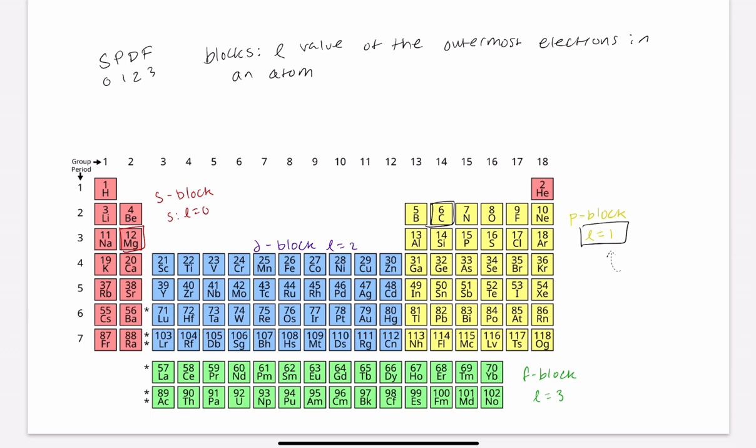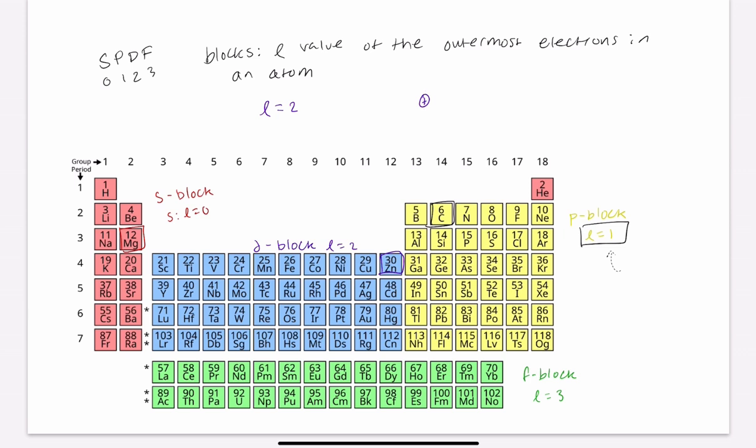All right, let's check out an example in the D block. Let's look at zinc, all right? So zinc is atomic number 30, and it's found in the D block. So that means the outermost electrons are in the L equals 2 angular momentum category, right? So how many angular nodes should we have? 2 angular nodes.